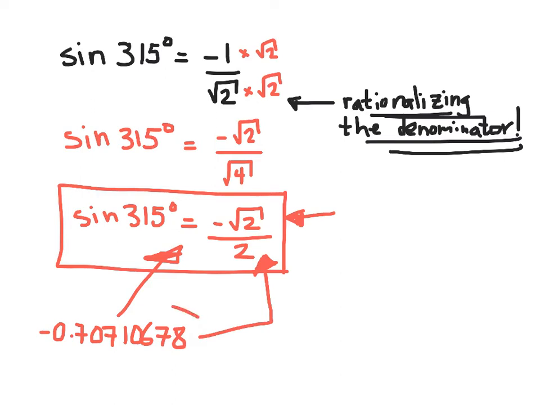So I know that sine of 315 is equal to negative 0.707, and I did this without a calculator. So our objective is to do these things without a calculator. The only way you could do that is if somehow, some way, special triangles are involved.